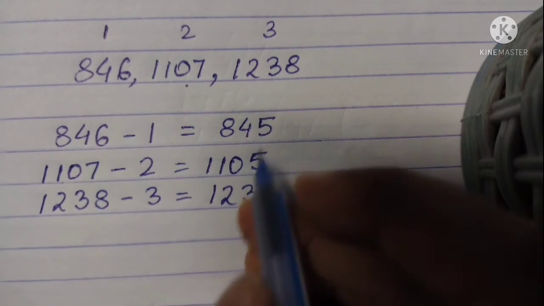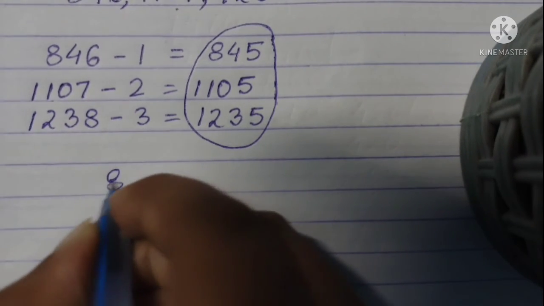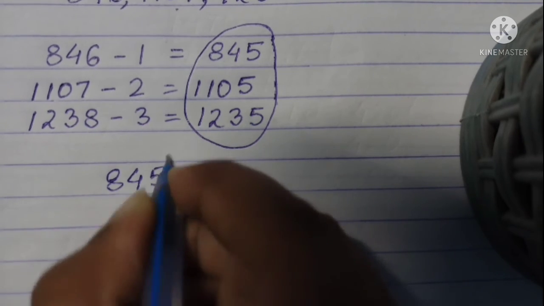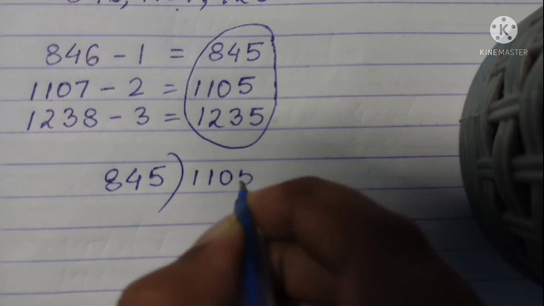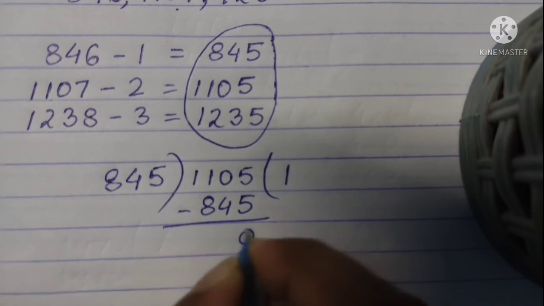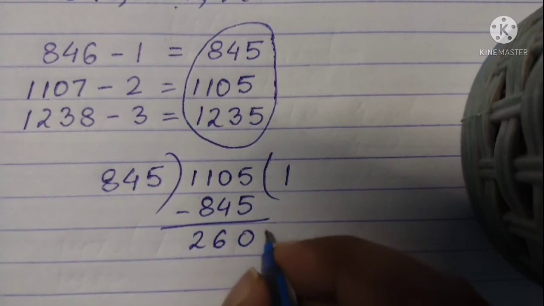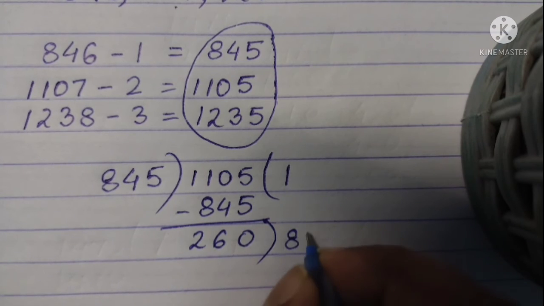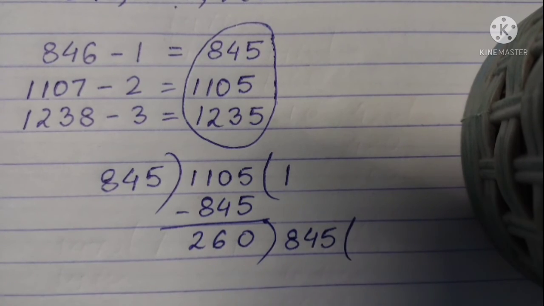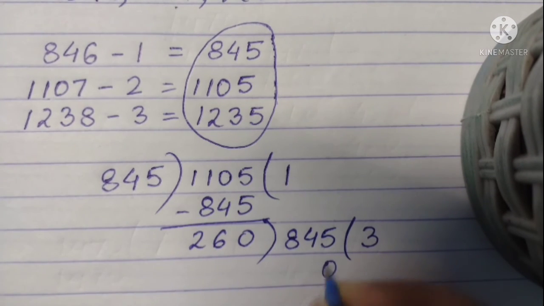Now we have to find the HCF of these 3 numbers. First of all let's find the HCF of 845 and 1105. 260 is the remainder. 845 will come in the dividend part. 260 into 3 is 780.